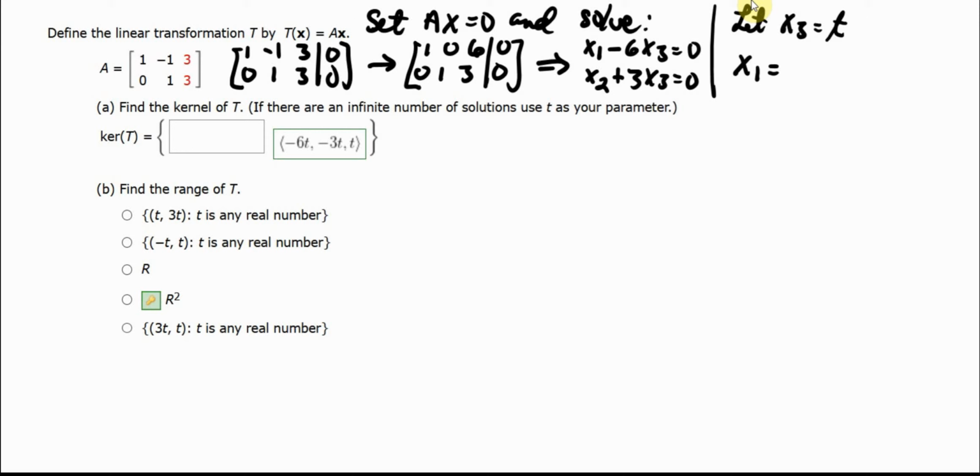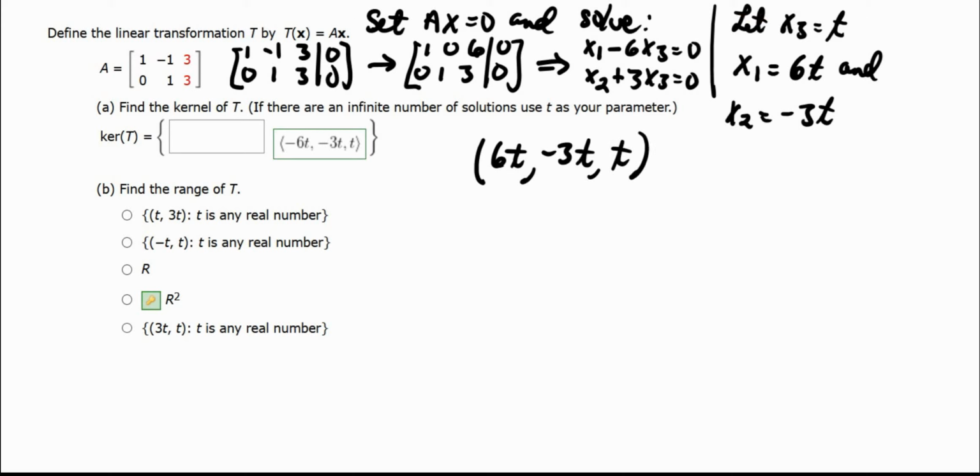So we end up with x sub 1 is equal to 6t, and x sub 2 is equal to negative 3t. Right? So here, this kernel, the values that map into 0, would be the set that we just found. We got x sub 1 is 6t, x sub 2 is negative 3t, and then x sub 3 is t.